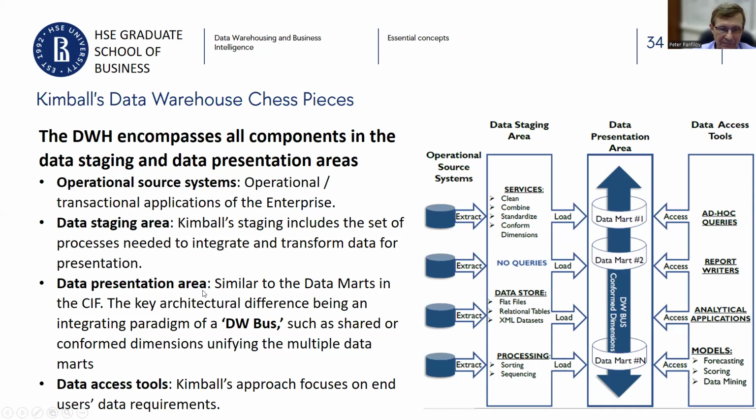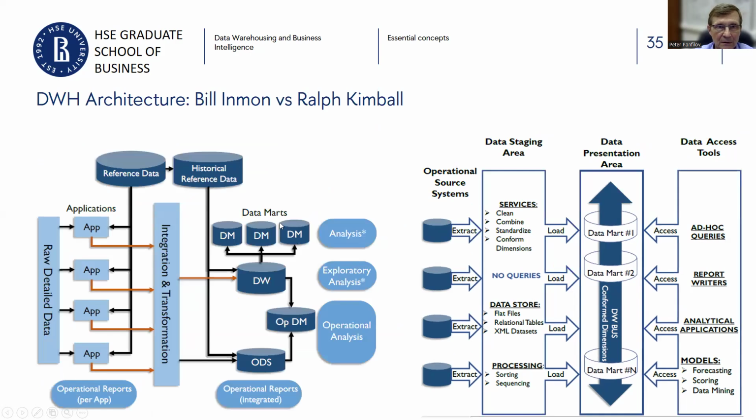Then we have a data representation stage or data presentation area. And this is essentially data warehouse as a combination of data marts united by data warehouse bus, by conformed dimensions. And this is similar to what we have in Bill Inmon's, this combination of data marts.